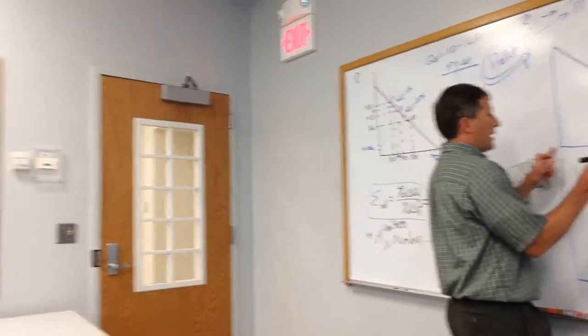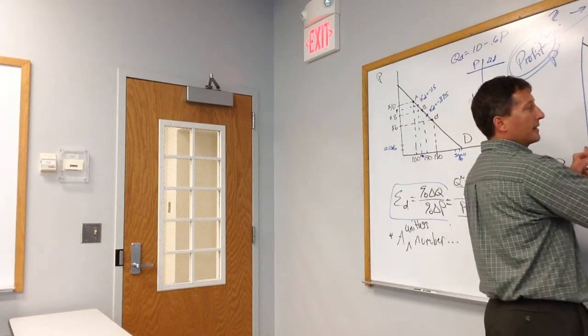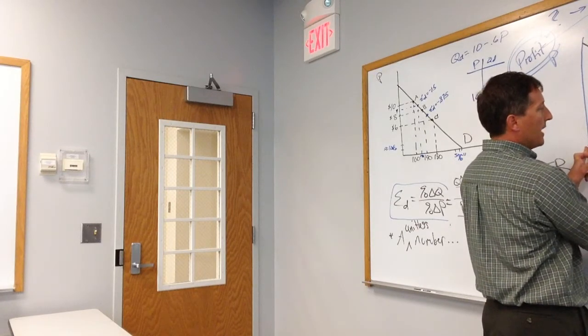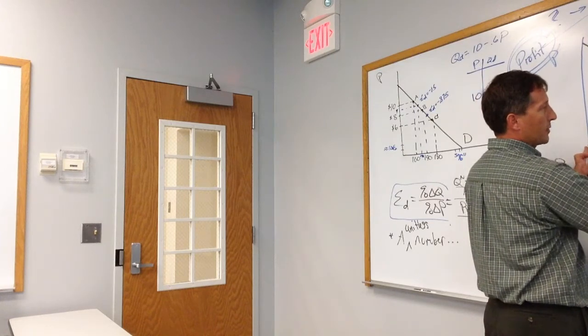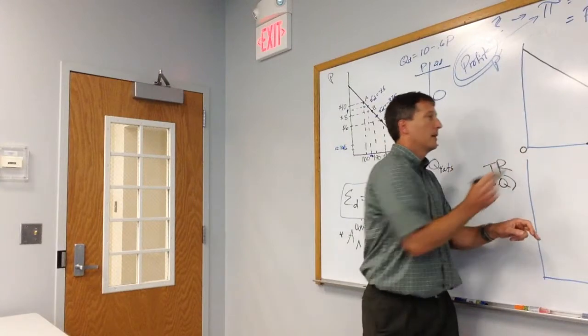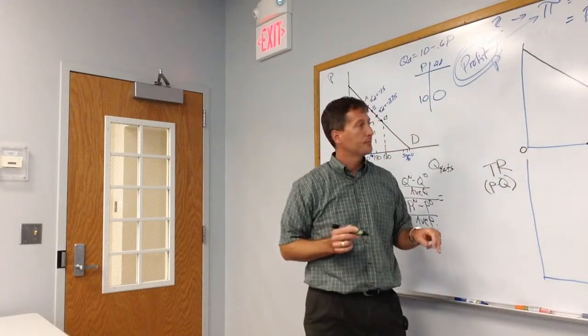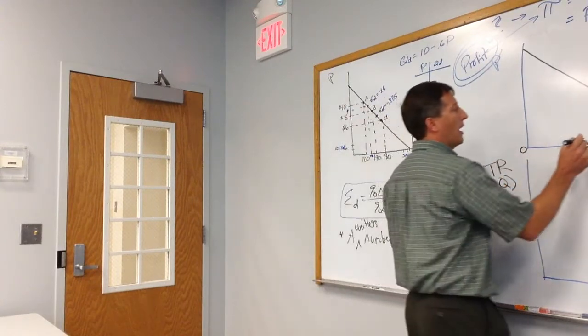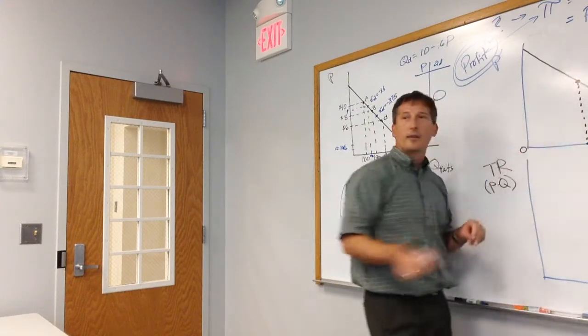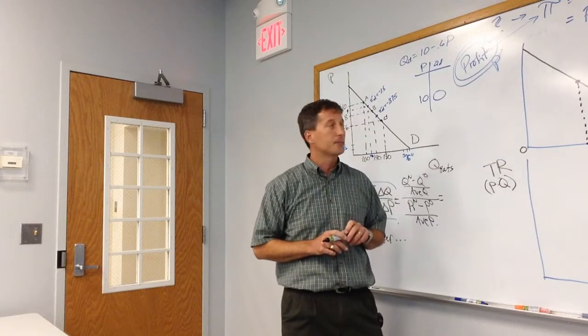So, as an anchoring point, just bear with me. However you drew your graph, find the midpoint between the intersection of the horizontal axis and the origin. Find that midpoint. And then go up to the demand curve. Go straight north until you bump into your demand curve.